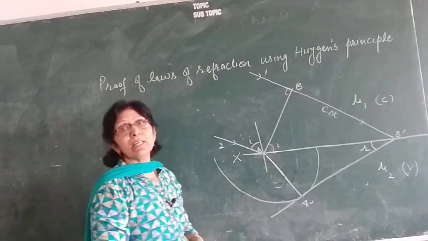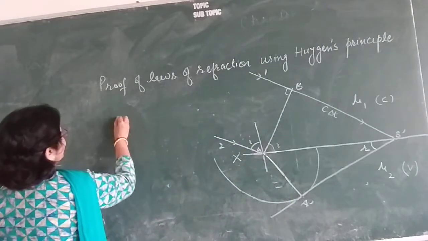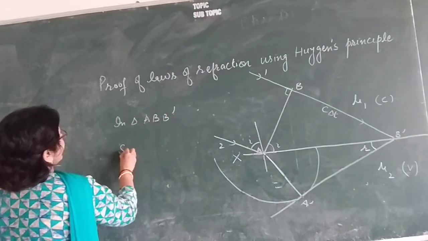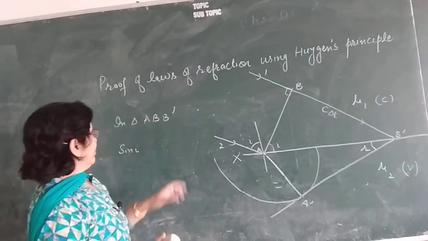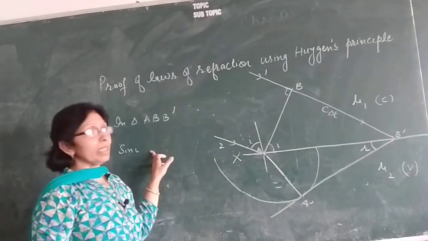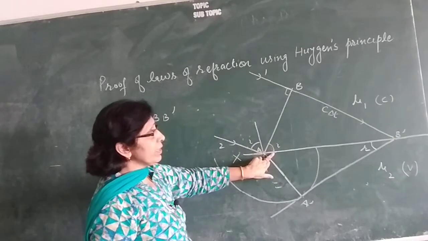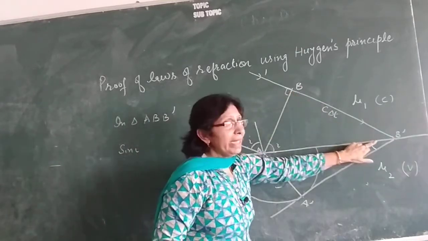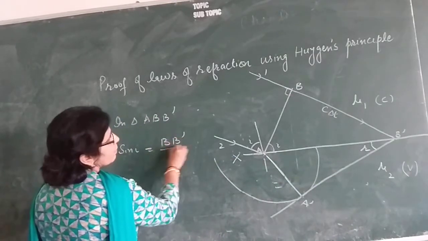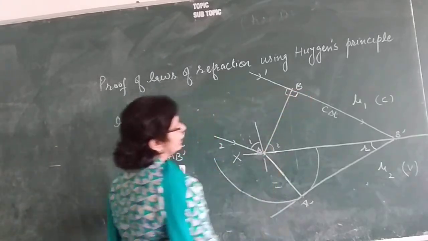Now we have to prove Snell's law. Now I am taking this triangle. In triangle ABB dash, I have to take sin i, because I am proving Snell's law, and Snell's law is sin i by sin r is equal to the refractive index. This is the angle of incidence, so sin i is equal to BB dash upon AB dash, as this is 90 degrees.